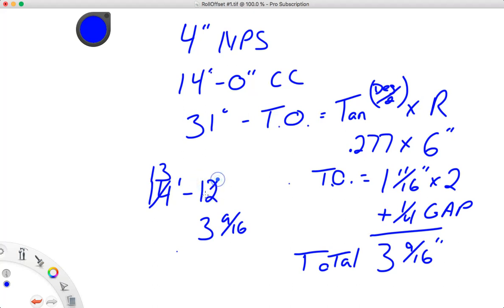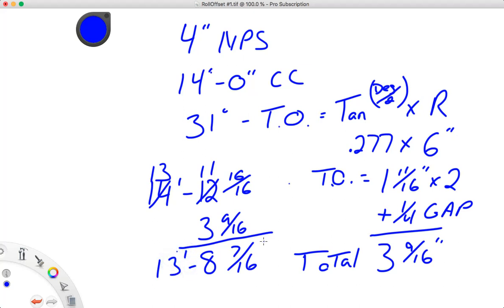Then I'm going to take 1 inch off of that and put it over here. Okay, that's 7/16. That's 8, and that's 13. So we've got 13 foot, 8 7/16 end to end.